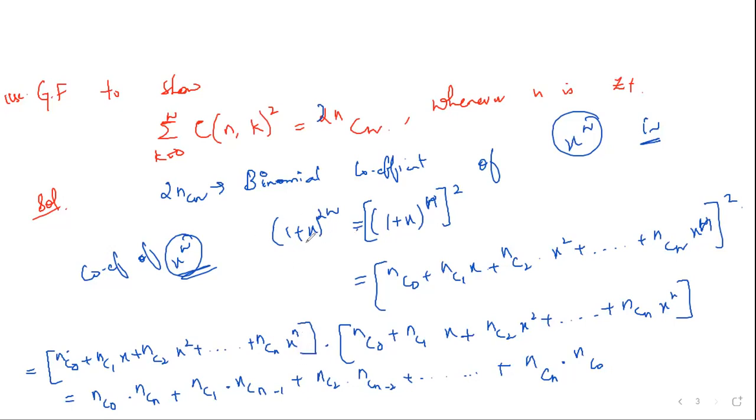Okay. So now, what is the coefficient of (1 plus x) power 2n? It will be 2nCn, which is equal to the sum for k equal to 0 to n of nCk whole square. Why is it equal? Because nCn minus r is equal to nCr.